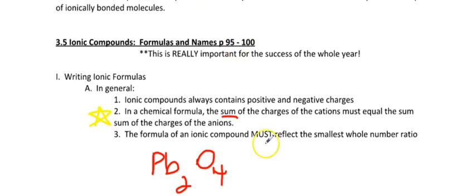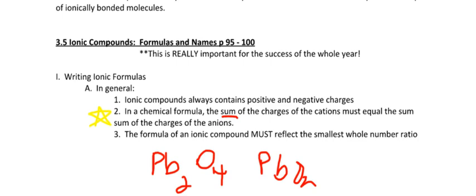You can write that down. So I can divide each number by 2, and I get Pb1O2, which is PbO2.